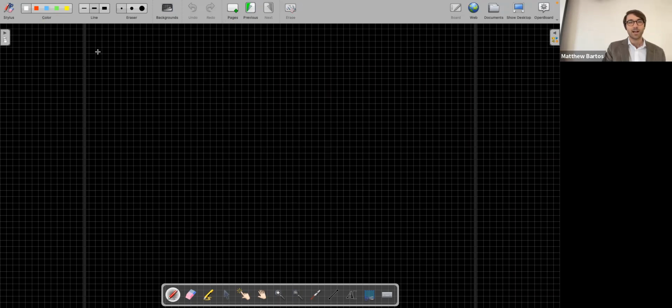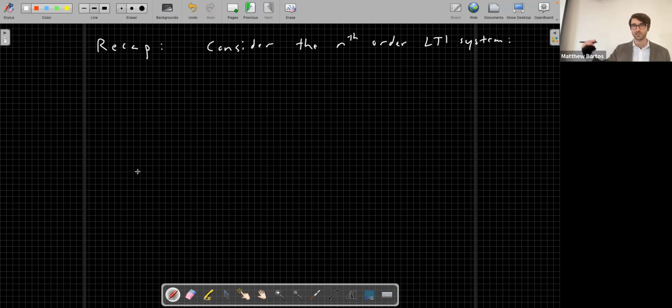Okay, so quick recap. Last time we stated the standard form for an LTI system of a single variable in continuous time. So let's consider the nth order LTI system. This is going to be just our generic LTI system. We stated the standard form last time in class. This is the standard form for which any LTI system can be expressed.